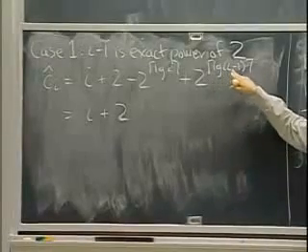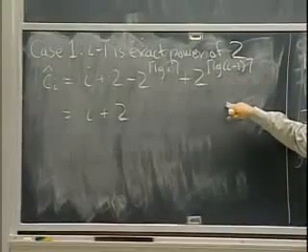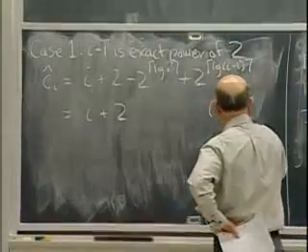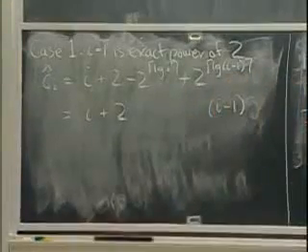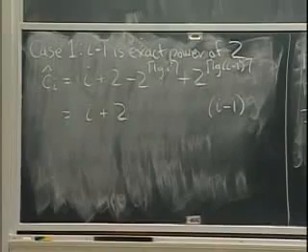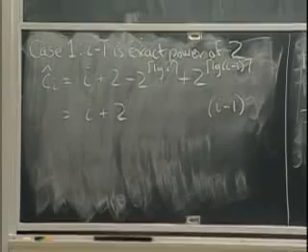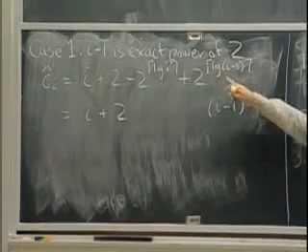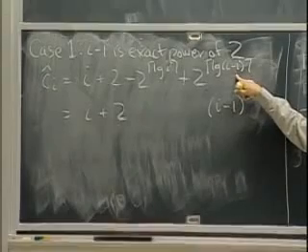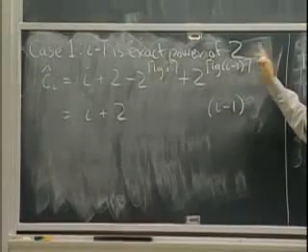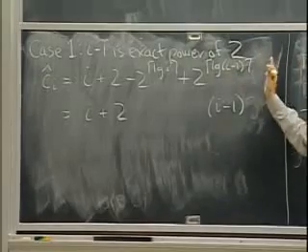So this is 2 to the log of I minus 1, which is I minus 1. If it's an exact power of 2, then the log is an integer, so taking the ceiling doesn't matter. Get rid of the ceiling.